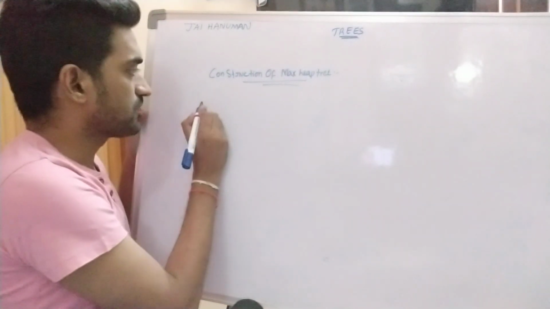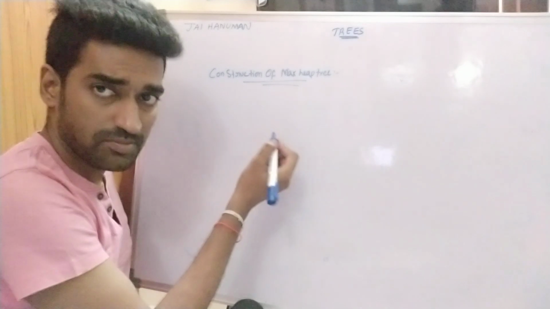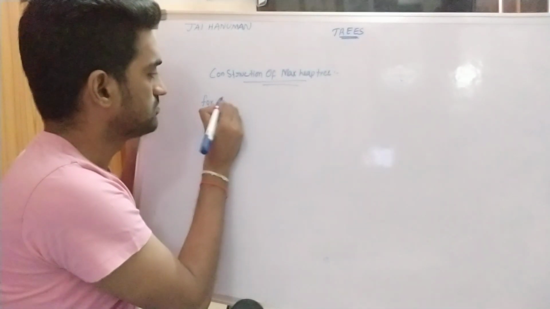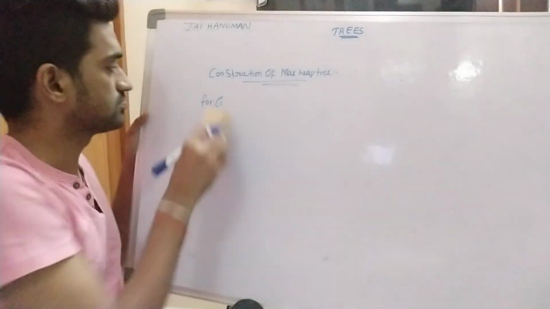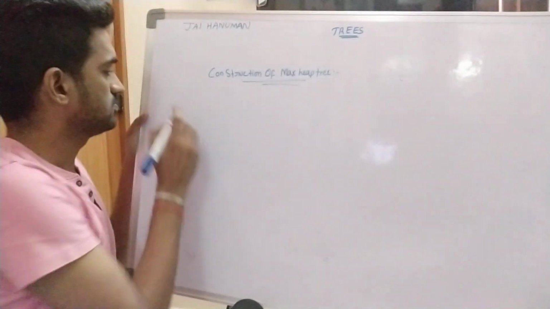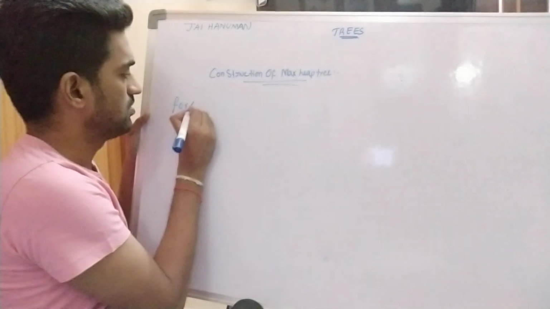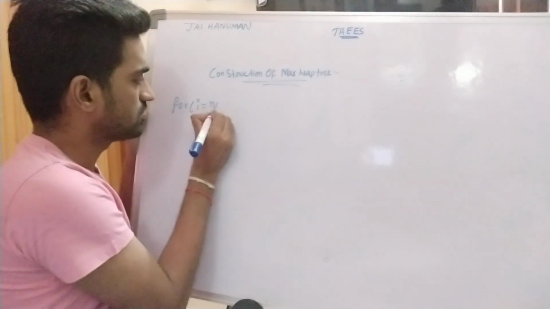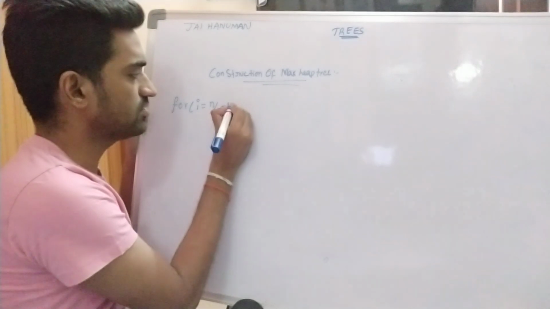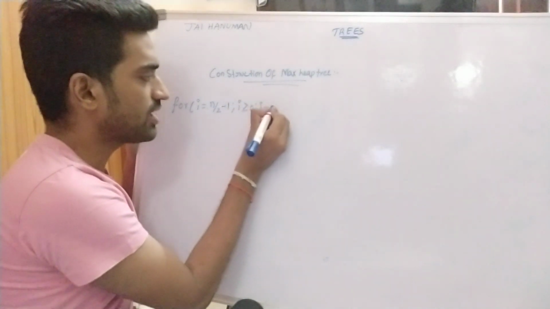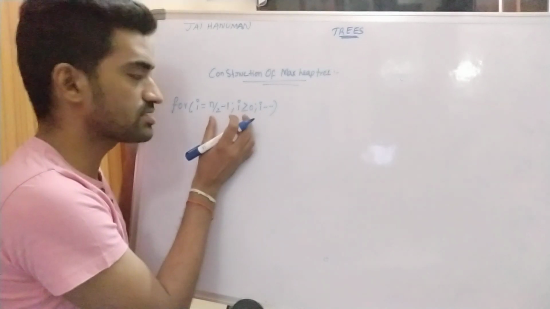First of all, iteration procedures are applied, so for that purpose I am writing one loop: for I is equal to n by 2 minus 1, I greater than or equal to 0, I minus minus. So this is our loop.